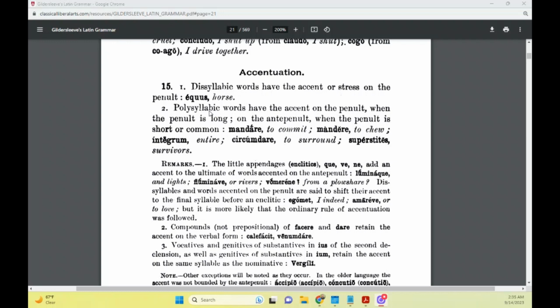Normally, you'll hear me read the words correctly, but even once in a while, there may just be a word that I don't get exactly right, or I have to think about, because sometimes these rules can be difficult to apply, because like in rule number 2 here, we have to know whether the penult is long or short, and off the top of my head, sometimes I don't know that.